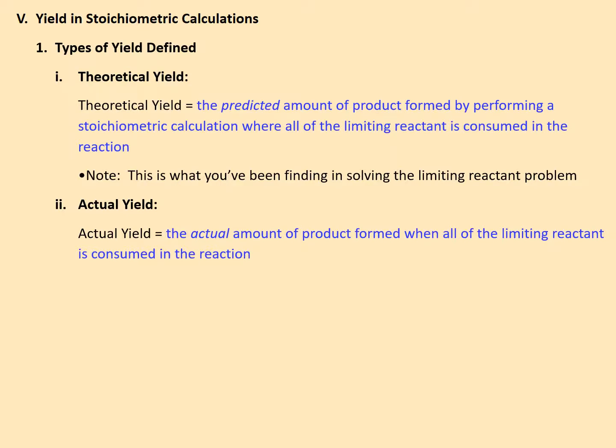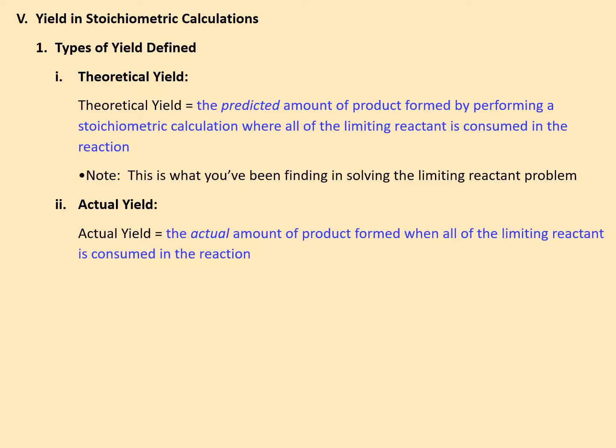This can happen for many reasons, and I'll mention a couple briefly here, but you will not be tested on this. It turns out that some of the reactants may remain unreacted when the reaction is complete. This can happen because the reactants may never come into contact with each other in order to react, or if they do come in contact with each other, they may have insufficient energy to actually get the reaction to take place. This is a subject of chemical kinetics.